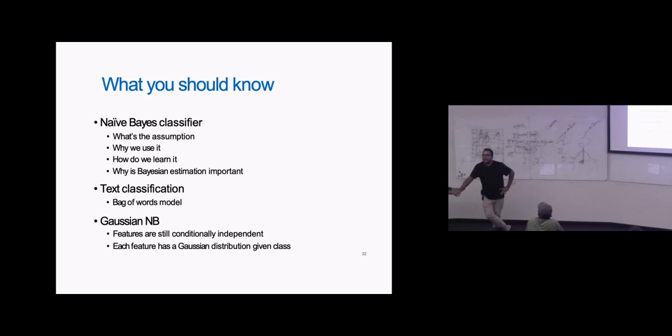What was the discrete case? Bag of words, the text. What was the continuous case? The image. So we have text classification for the discrete case, and Gaussian Naive Bayes for the continuous case. The assignment that has been published is on text, and you are probably already working on it.